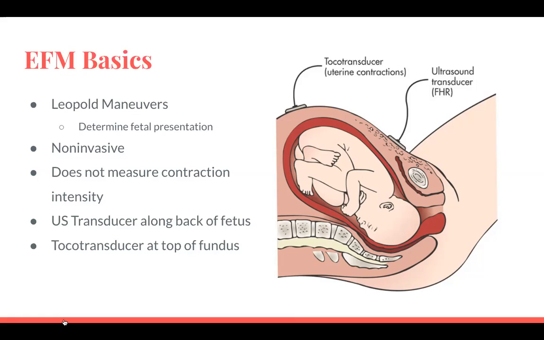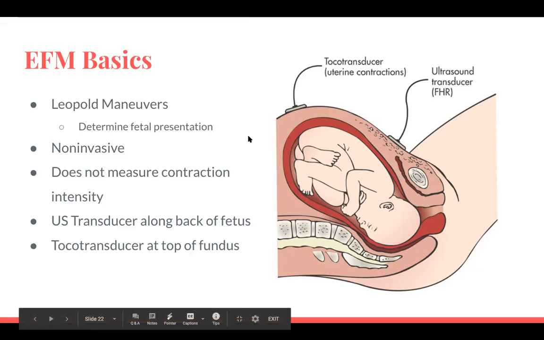It's a relatively older-school method, but it is obviously cheaper than an invasive test. It does not measure contraction intensity. The ultrasound transducer goes along the back of the fetus, and there's a toco transducer at the top of the fundus. There's a picture here that shows where it goes to detect the fetal movements.